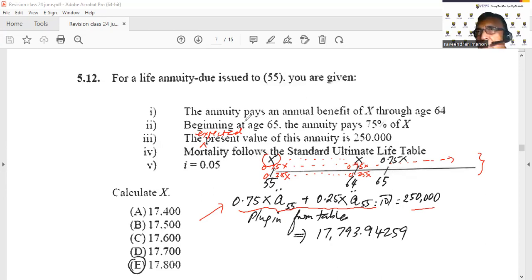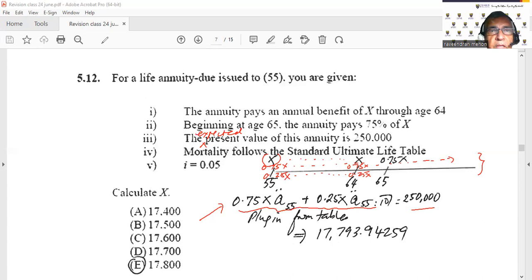Look up the values from the tables: you will get a-double-dot 55, and then a-double-dot 55 angle 10. All these values are given in the table. Plug those in and solve for X, and you'll get 17,793.94. Answer E. Good.